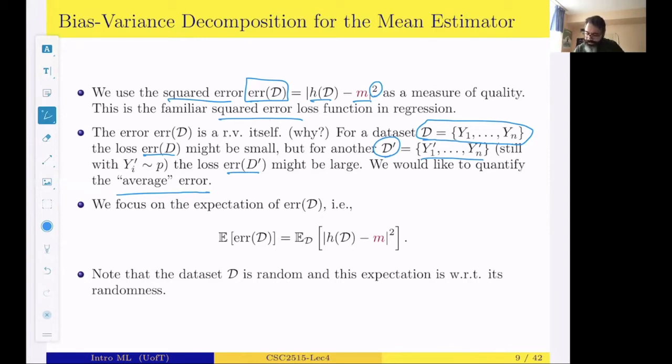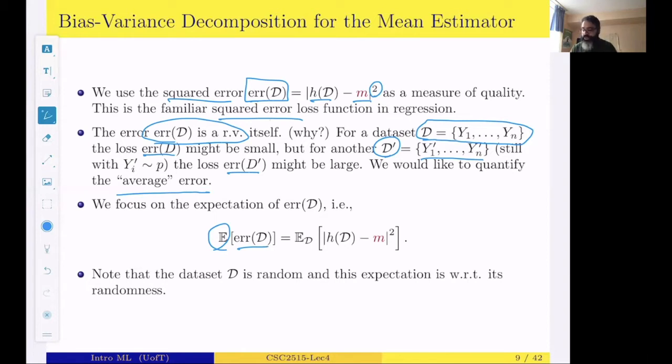So is this clear that error of D is a random variable? Okay, I got one nod on video. Perfect. So it's a random variable, and we want to focus on its average or expectation. So we compute the expectation of this error, and the expectation is over the randomness coming from choosing that data set D, which has n data points in it.